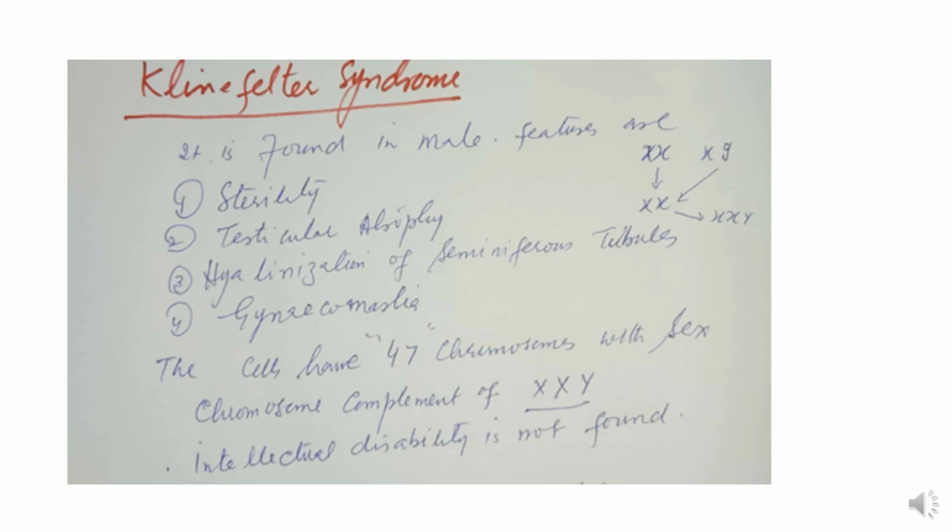Hyalinization of the seminiferous tubules. Seminiferous tubules are filled with hyaline material and non-functioning. No spermatogenesis occurring. Gynecomastia, breast development is there. The breast is developed. Cells have 47 chromosomes with sex chromosome complement XXY.